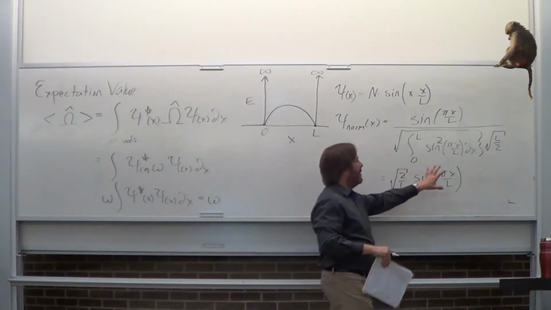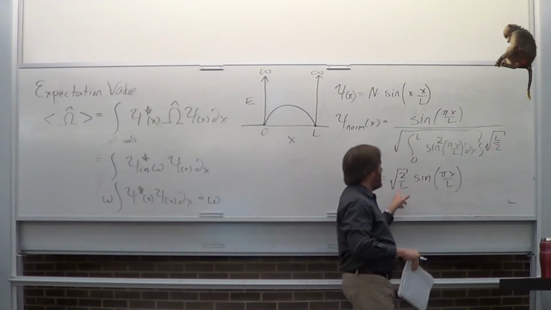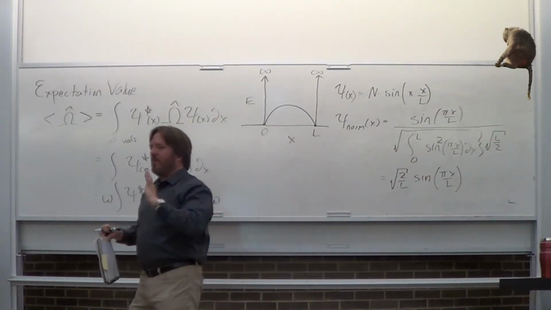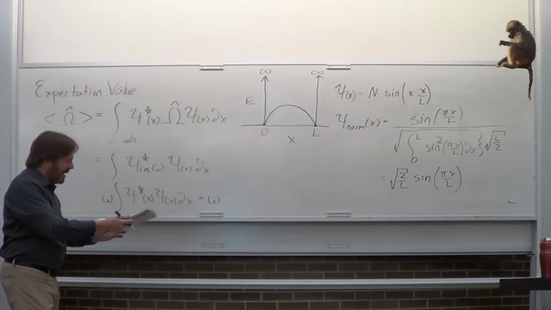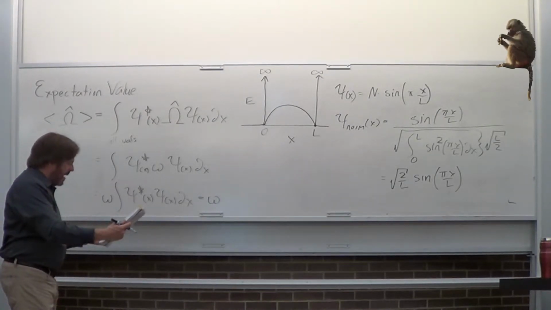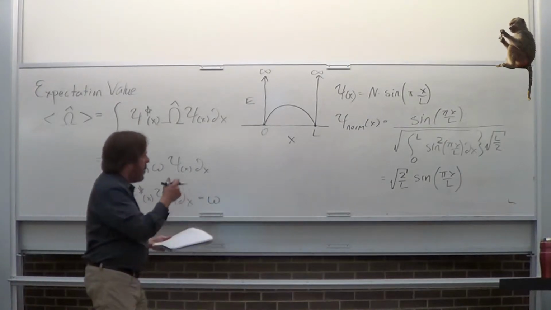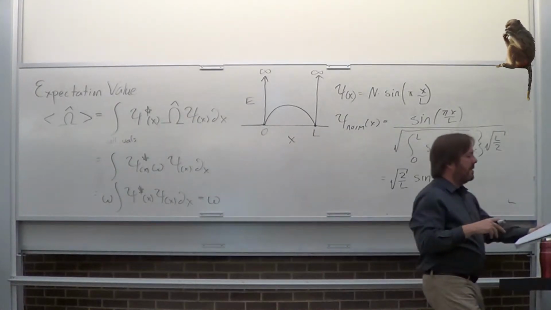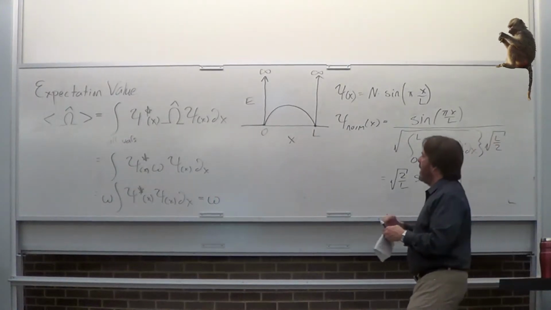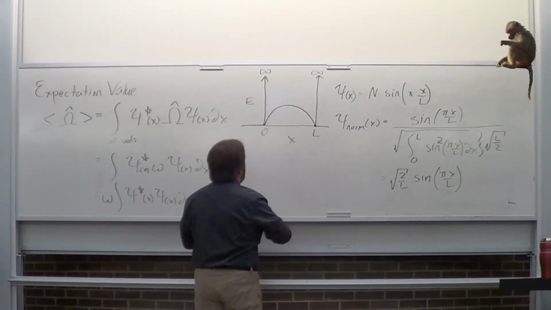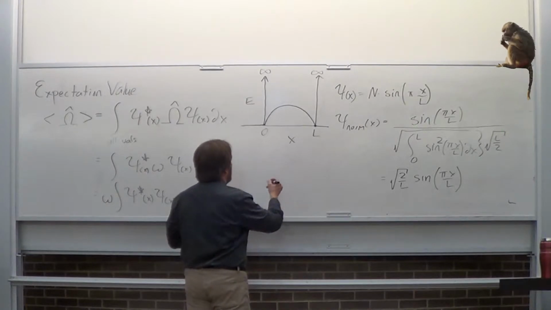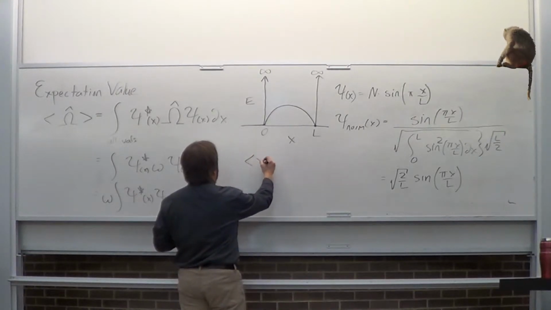Forgetting to flip the normalization constant is one of the biggest ways to get this wrong. So look out for that. Okay, next thing. Now let's do an expectation value. Now that we have this thing, before we do momentum, let's do position.